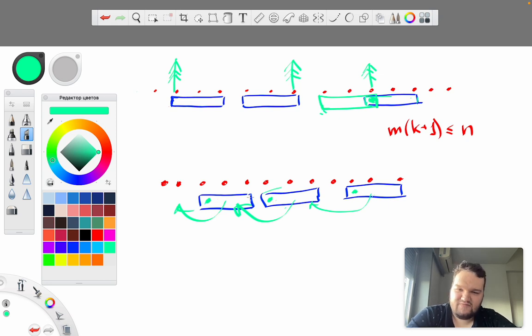But if we find the leftmost which is not optimal, then we can just rotate it freely.